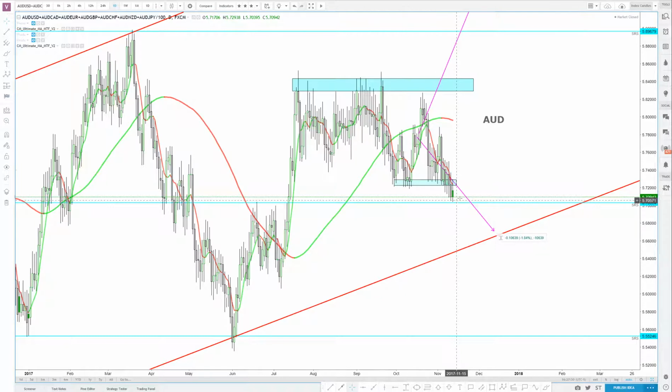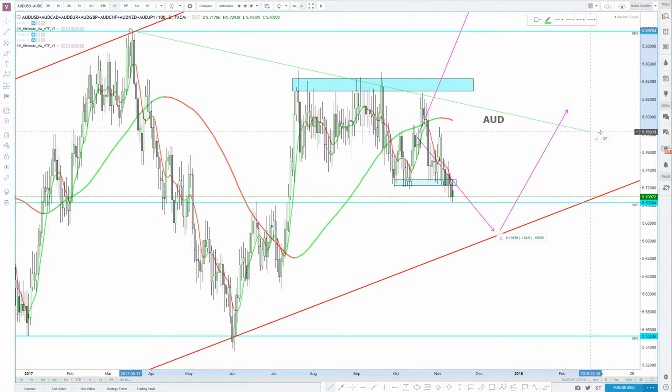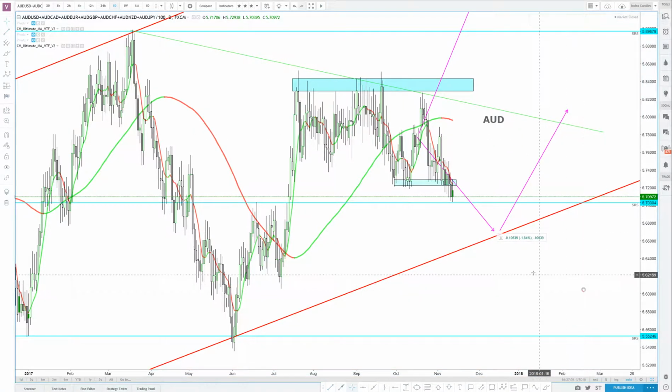We can either bounce up from here, or we don't care about this SRS and we move lower to this trend channel and then go up. So we need to kind of watch what happens with it over the next couple of days.